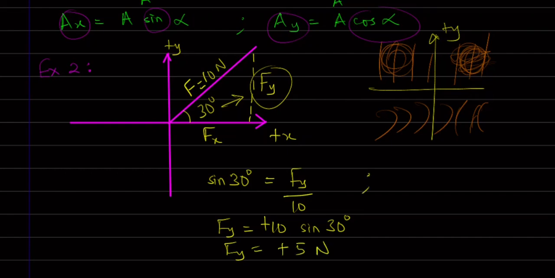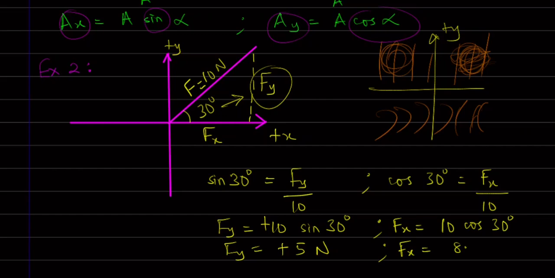Then for cos 30 degree, we have adjacent Fx over hypotenuse, which is F as 10 Newton. So we try to cross multiply. Fx becomes 10 cos 30 degree. Fx becomes 8.66 Newton.